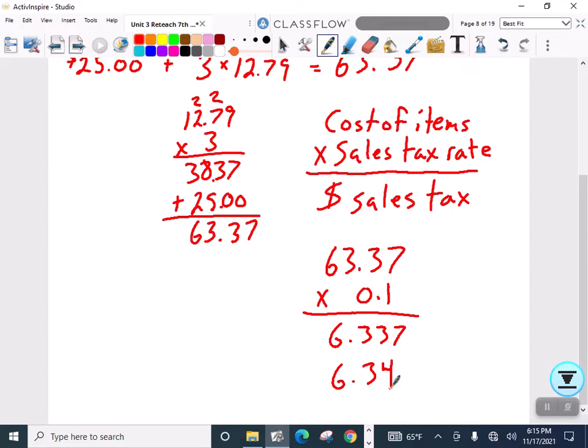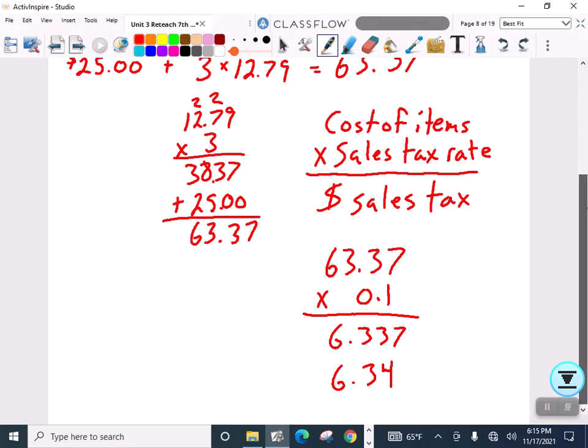The reason why is we're rounding at the penny. Right here. We're rounding at the penny. So we look at the next number and see if it's 5 or larger, from 5 to 9. If it is, then the penny increases. If not, the penny stays the same, we drop the rest. Okay. So there we go. So $6.34.